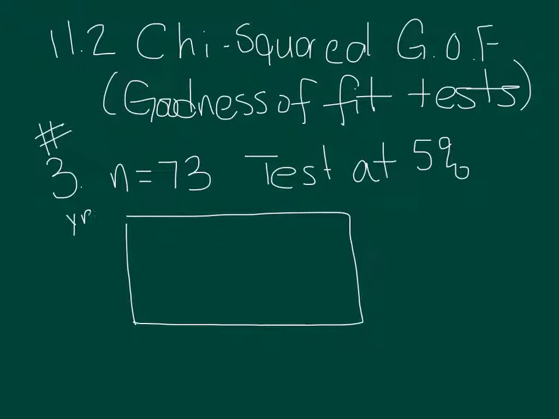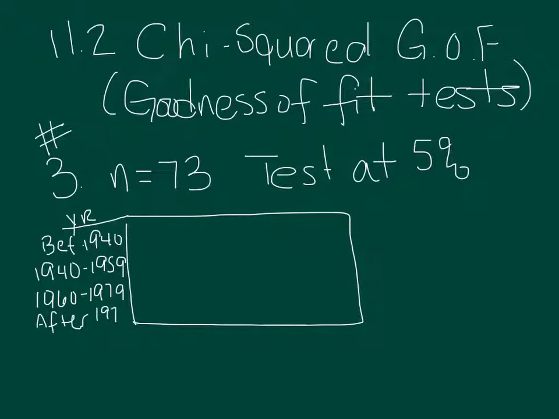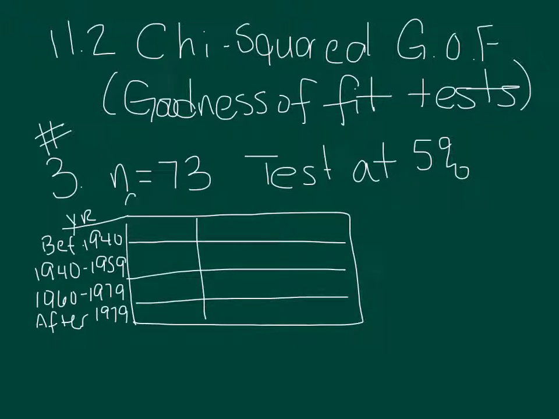They give you a year: before 1940, 1940 to 1959, 1960 to 1979, and after 1979. We have our rows, so this is very similar. You still have a column of categories, and this is the claimed values, and this is the actual observed that we saw.